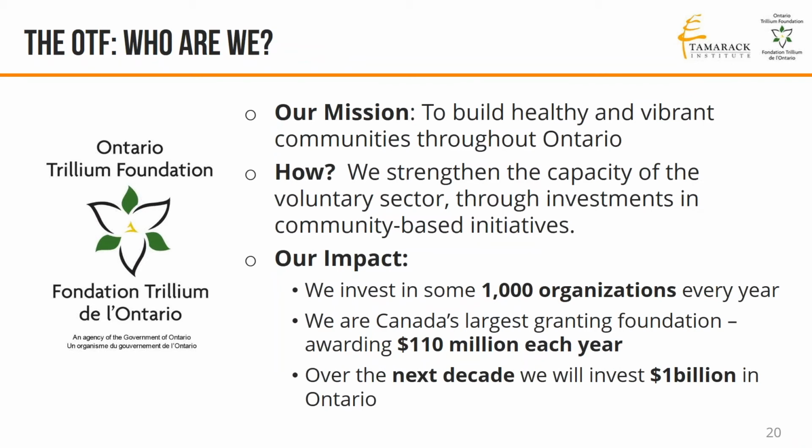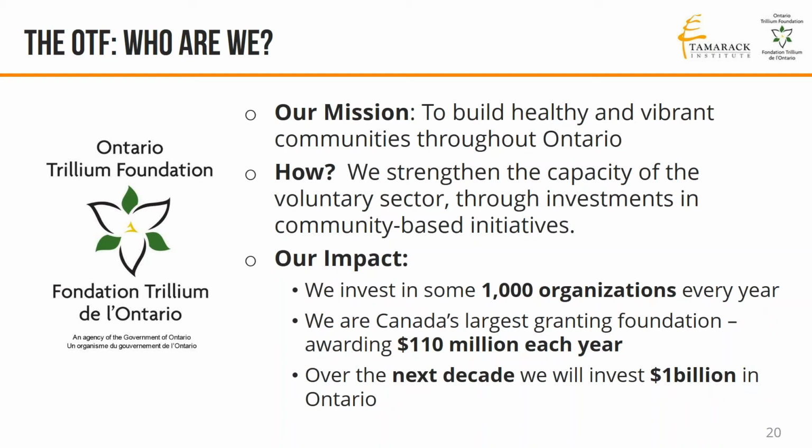Okay, thanks, Liz. Hi, everyone. I'm going to talk to you a little bit about how we're aligning the collective impact stream and what that's about for Trillium Foundation. First of all, who we are. Our mission is to build healthy and vibrant communities throughout Ontario, if you're not familiar with us.